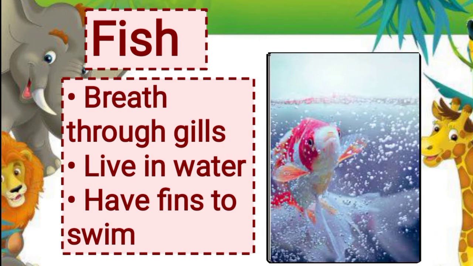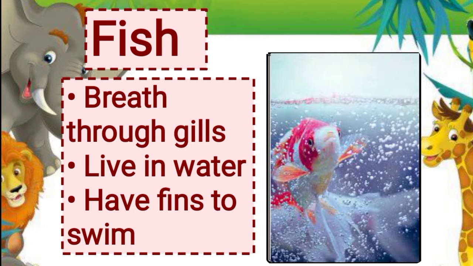Now let's understand the features of fish. So, a fish is an animal which lives and breathes in water. All fish are vertebrates, meaning they have a backbone, and most of them breathe through their gills and have fins and scales.